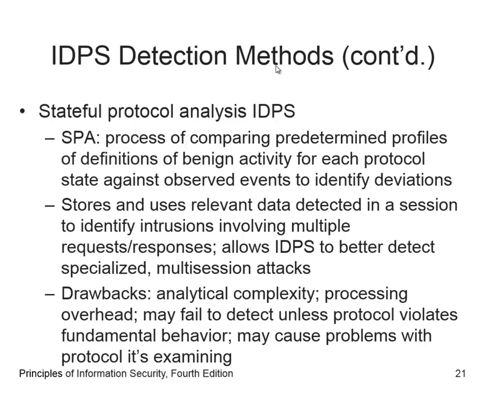Some of the drawbacks of this method are its analytical complexity and the processing overhead. In addition, it may fail to detect an attack unless the protocol violates fundamental behavior, and it may cause problems with the protocol that it is examining all the time.